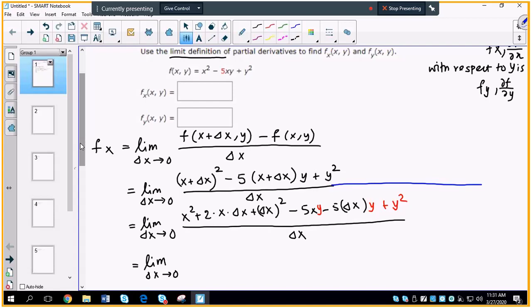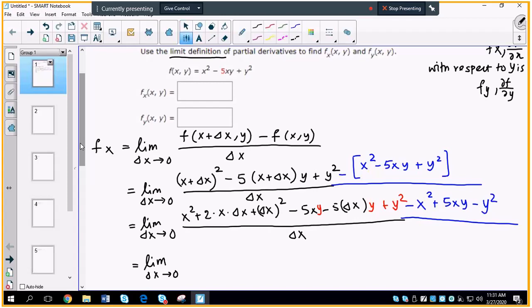Now you do minus f of x comma y, and that is going to give you x squared minus 5xy plus y squared, where none of x or y has been changed. So I have to have that in my second simplification line as well. I'm going to distribute this minus and get minus x squared plus 5xy minus y squared.